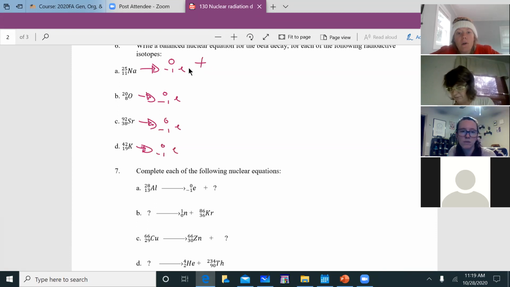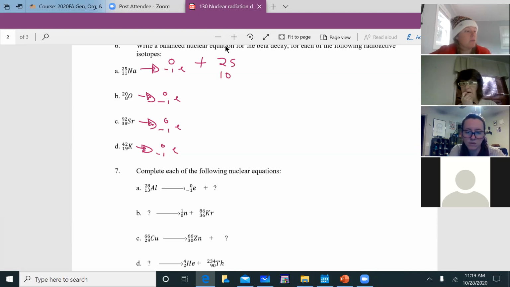Now, the numbers need to be the same on the top. So if 25 is here and this is 0, the next thing also will have a mass of 25. If I'm releasing negative charge, what I'm doing is pretty much taking a proton and converting it back into a neutron. So instead of 11 here, 11 minus the 1 will give us 10. And then we drop to the material before, which is what? Neon? Yeah.